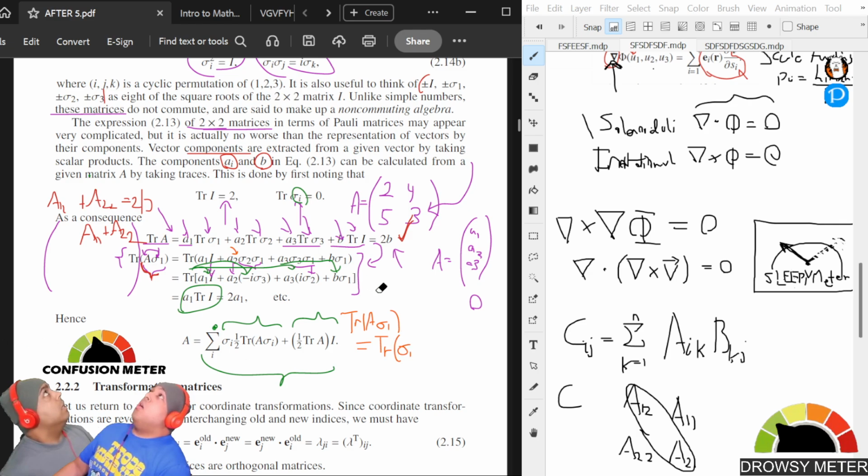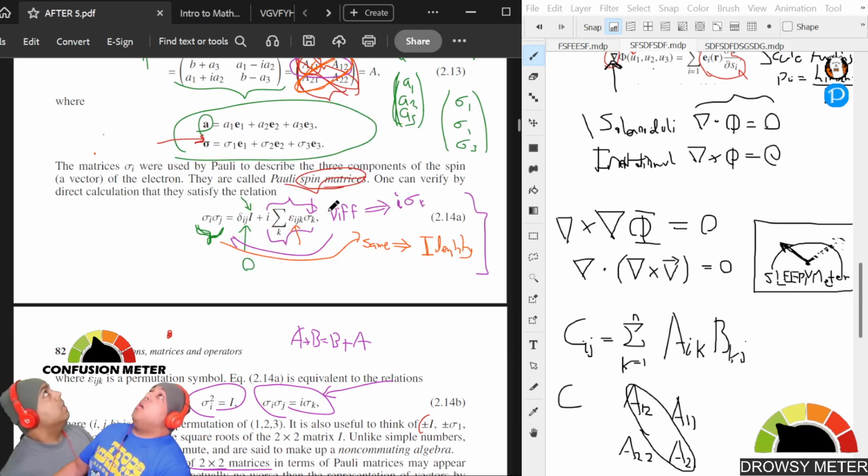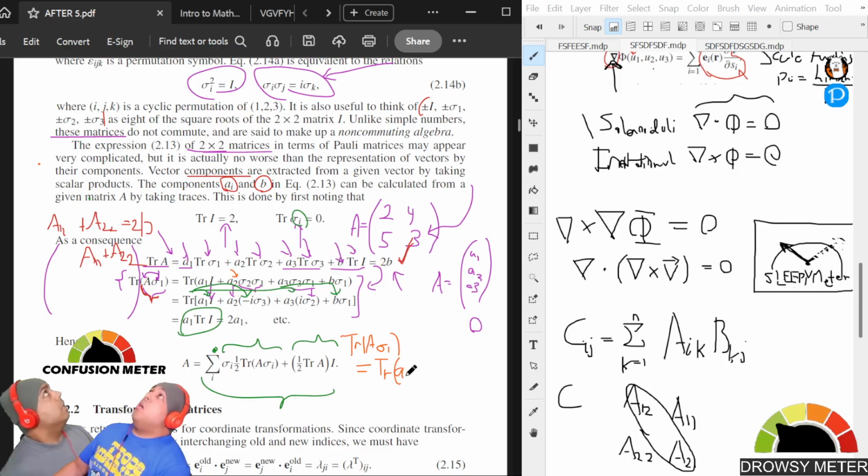Well, we need to put in our guys A1, A2, A3, B. Trace of A1, row 1, row 1, plus trace of A2, row 2, row 1, plus trace of A3, row 3, row 1, plus trace of B, I, row 1.